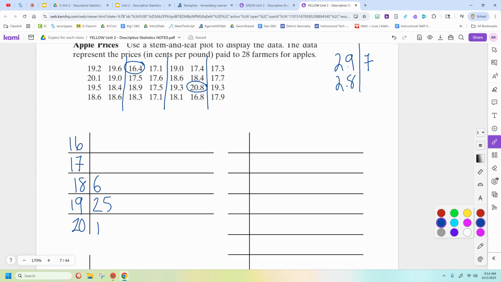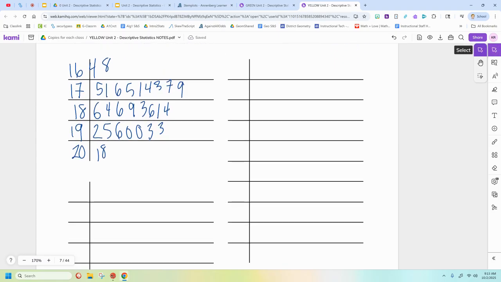So for each of these, there's going to be a leaf. Okay? This first one was for sorting.